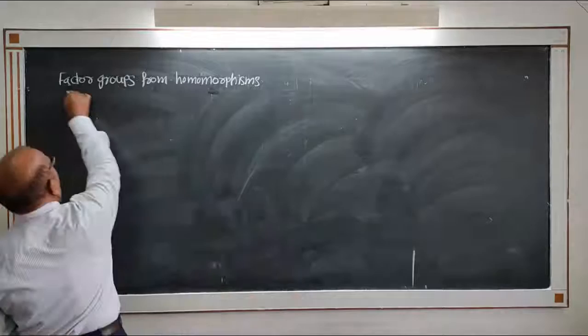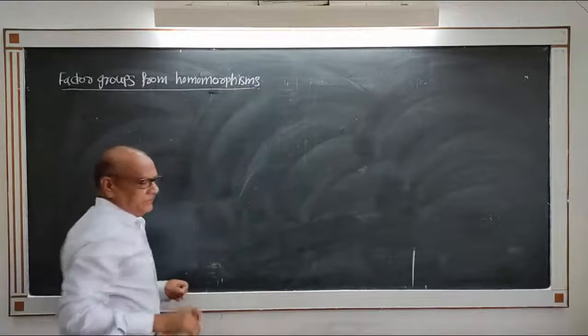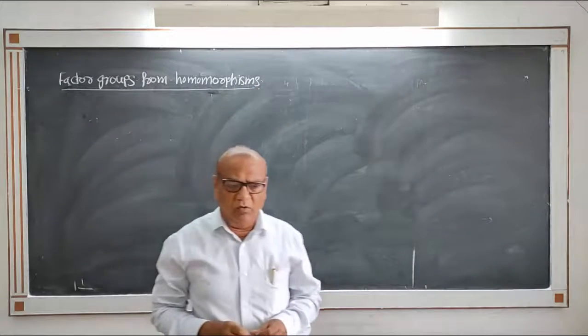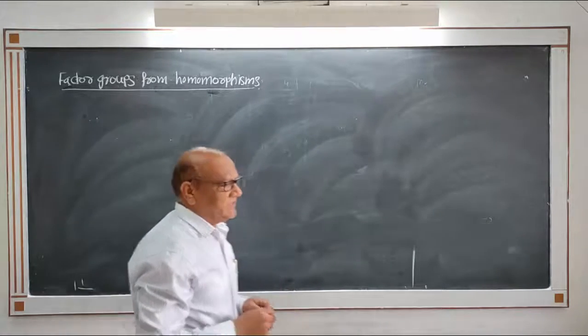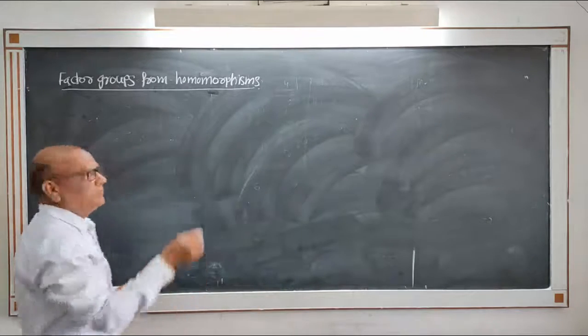Factor group from homomorphism. Let G and G dash be groups.